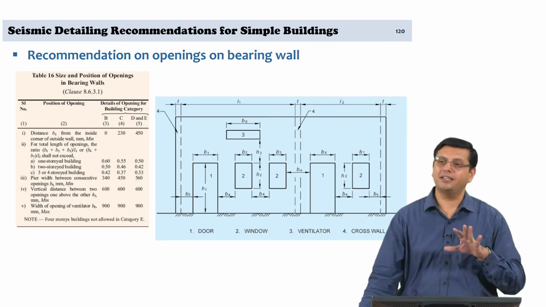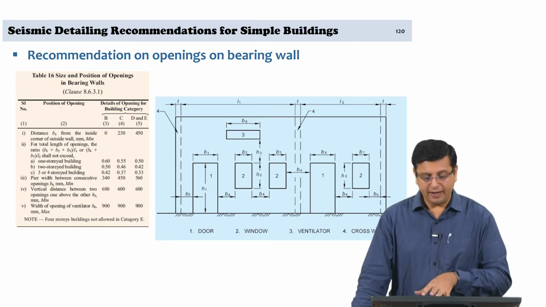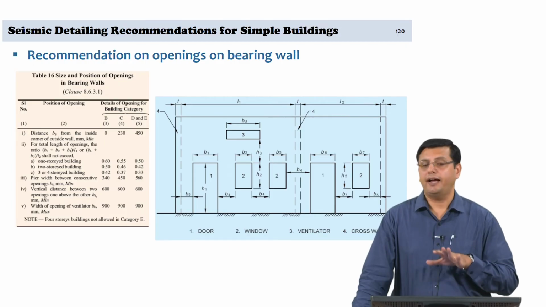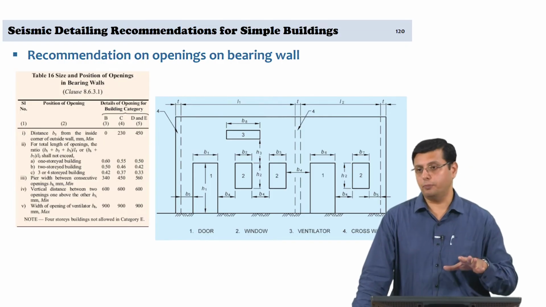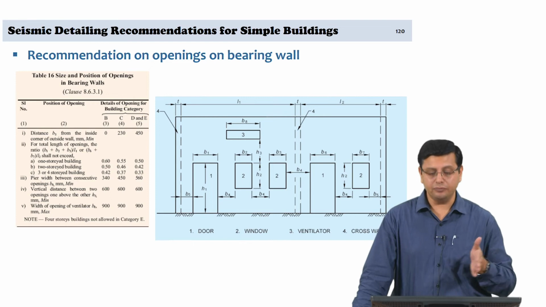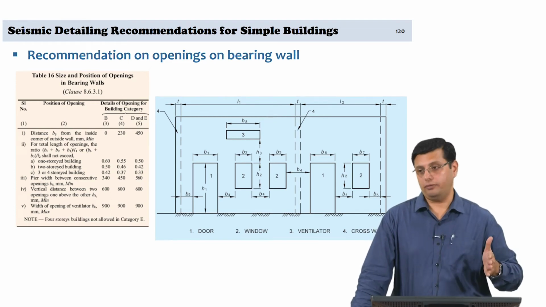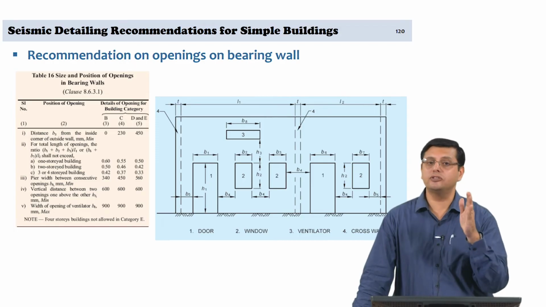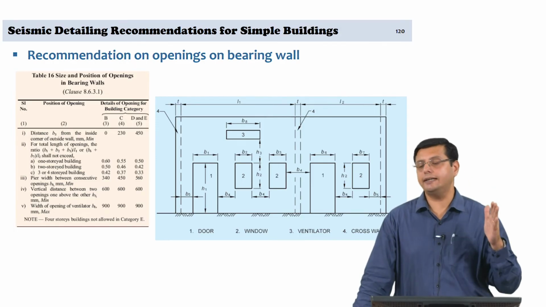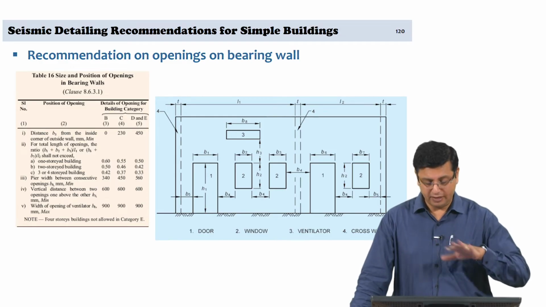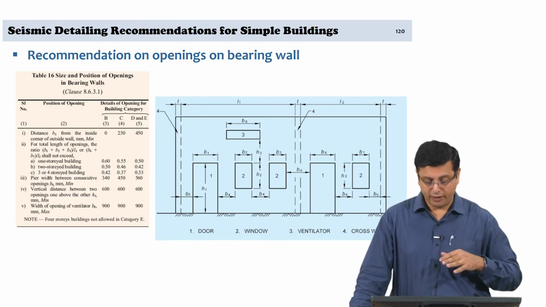In order to ensure that that is not required, there are prescriptions on what should be the sizes of openings and what is the allowed distribution of openings, particularly with respect to where the openings should end with respect to the end of the wall. So, if you do not have resisting elements close to the end of the wall, you are creating a discontinuity and possibilities of torsion in the earthquake response.